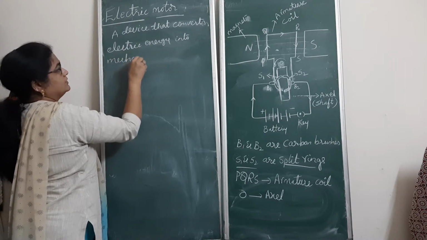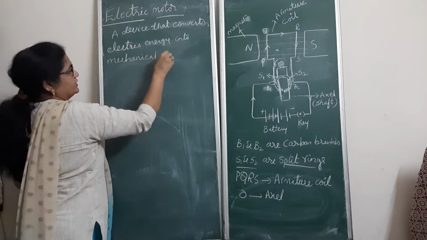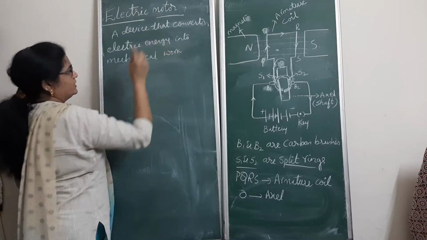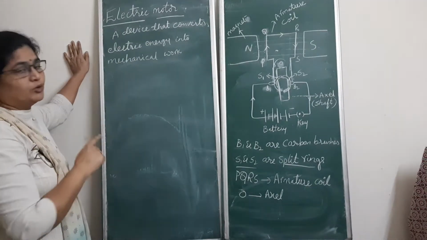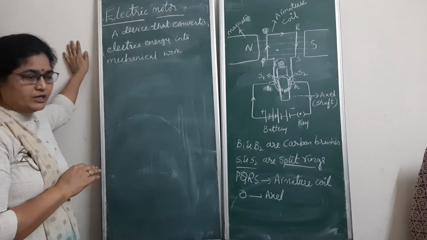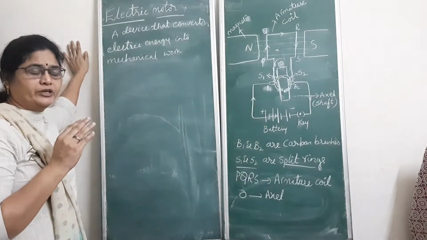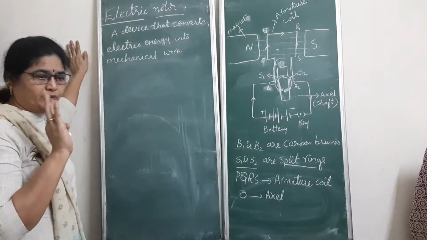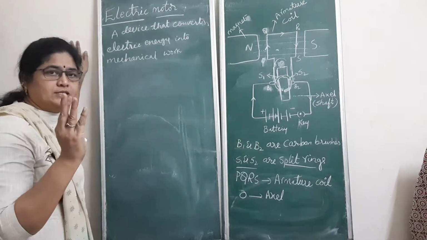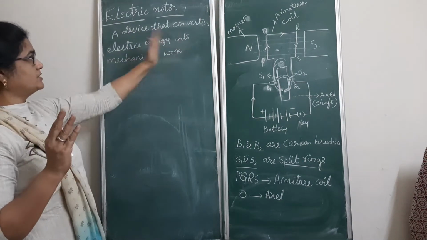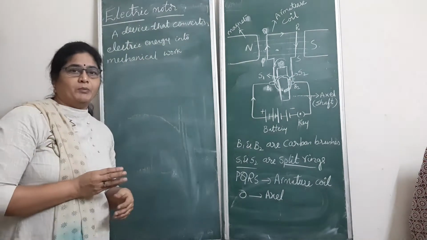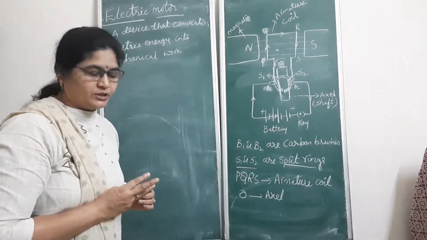Mechanical work in the sense here it is a rotation. Let us understand how this electric motor works. When we are learning about this electric motor, we have to learn basically about 4 points. One is the definition, like what is electric motor. As I said, this is a device that converts electrical energy into mechanical work. That is the definition of electric motor.